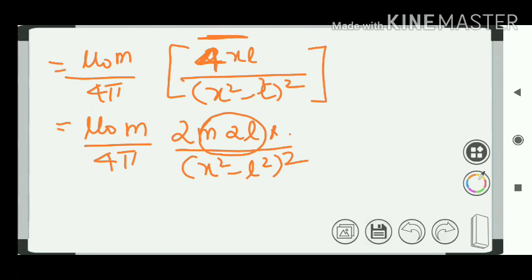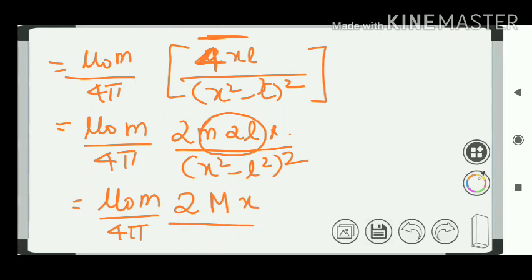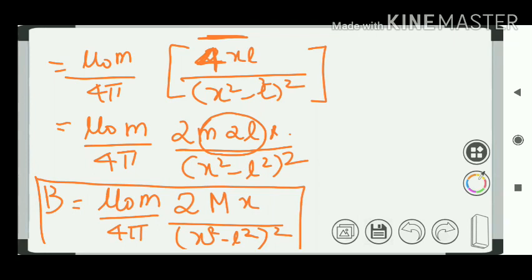So it becomes what? I'm going to replace it as mu 0 M by 4 pi times the whole section, I'm going to write it as capital M. And what was the numerator, guys? There is an X here, and divided by X square minus L square, whole square. This is the general formula for magnetic field along the axial position of a long bar magnet.